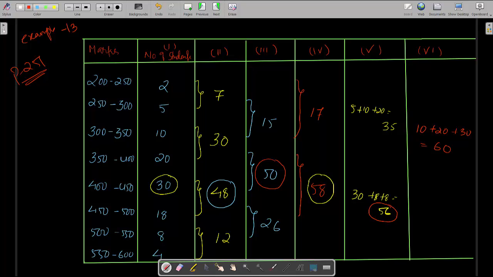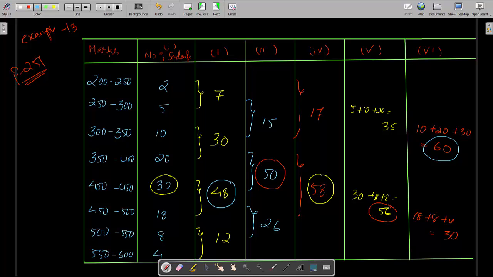Next, 18, 8, and 4. 18 plus 8 plus 4 is equal to 30. Correct? Now, which one is the highest value? 60 is the highest value. So you can just circle it. It's up to you if you want to circle it or not. I'm just telling you to circle it so that you know which one is the highest value.